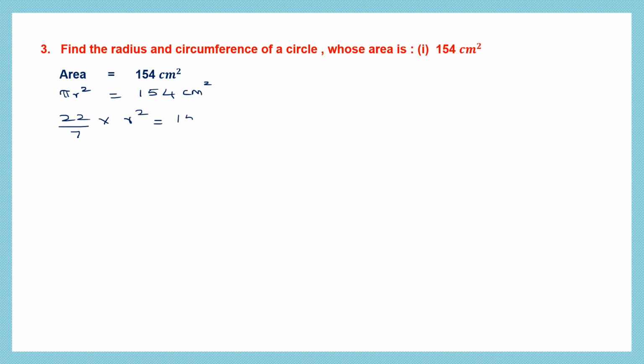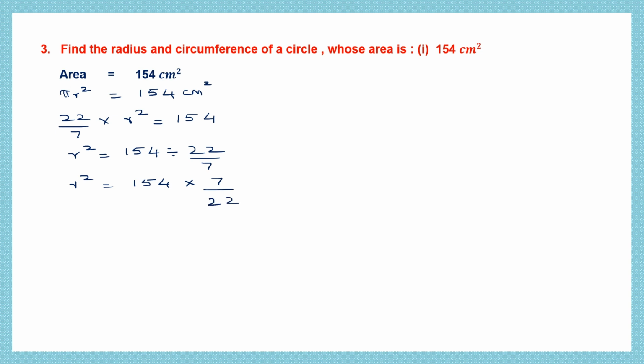R square is 154. Now we're going to find r square, so we're going to write 154 and we're going to transpose this 22 by 7 to the other side. It becomes division. So that is divided by 22 by 7. So r square is 154 into 7 by 22.